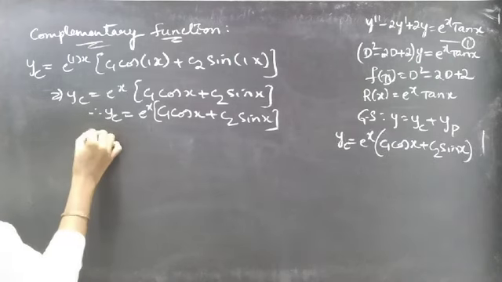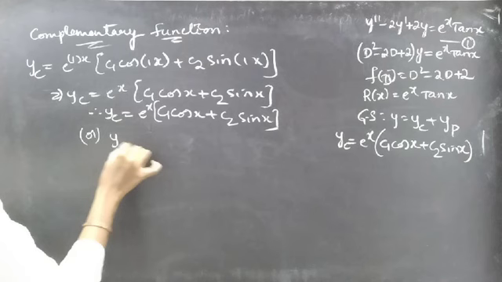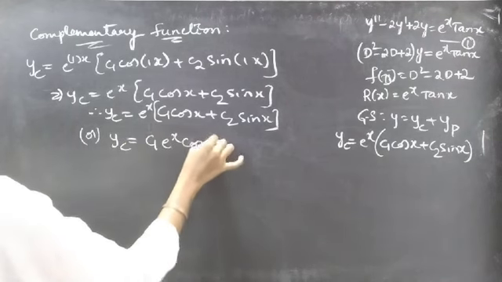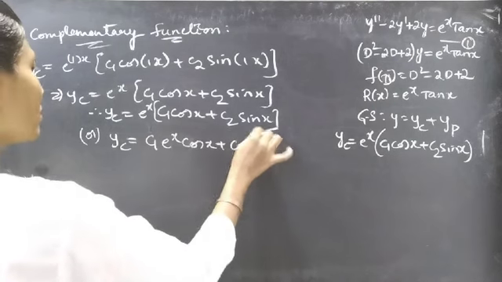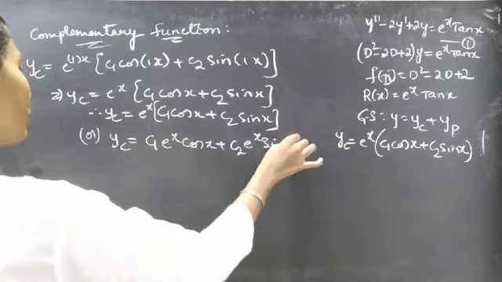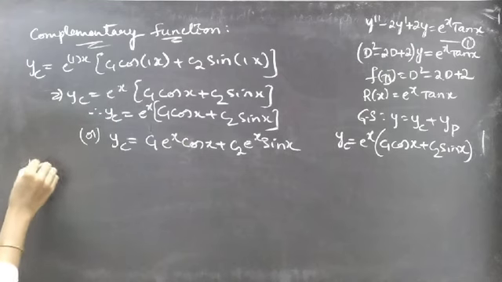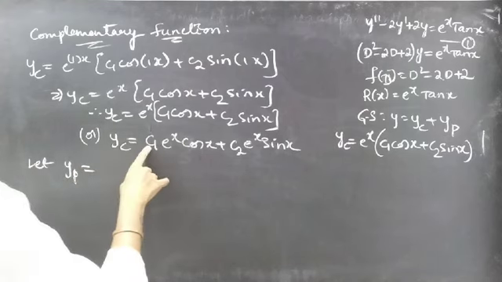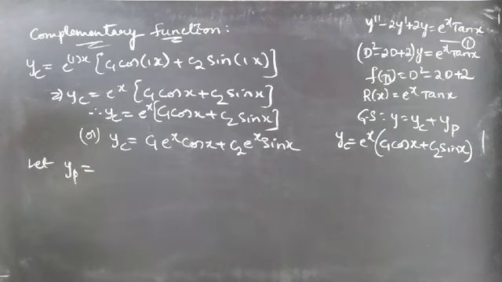Or yc equals c1 e power x cos x plus c2 e power x sin x. Let yp equal to, now just replace c1 and c2 arbitrary constants by functions of x, a and b, or replace c1 and c2 parameters by functions of x, a and b.